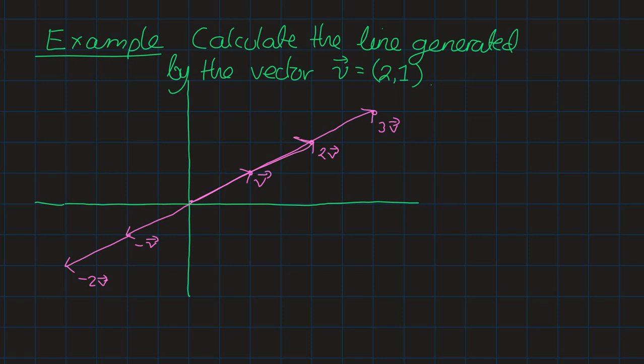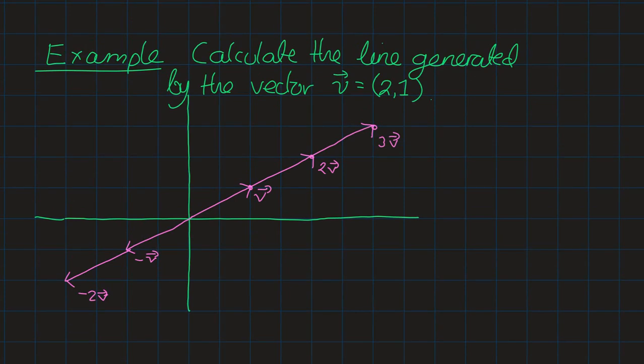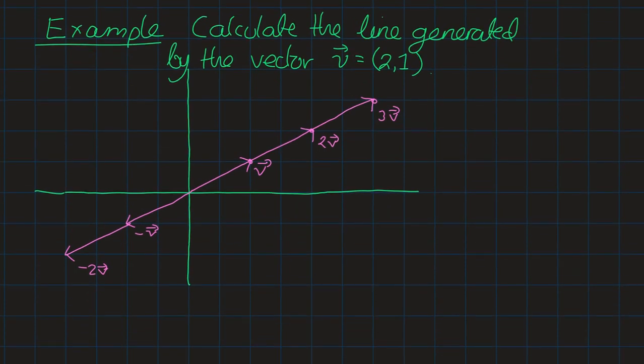This one is 2 times v, 3 times v goes all the way out here, minus 1 times v is there, minus 2 times v is here. But I want the line generated. Well, the line is simply the extension of this forever. This goes on and on forever and ever in both directions. This is the line generated by v.